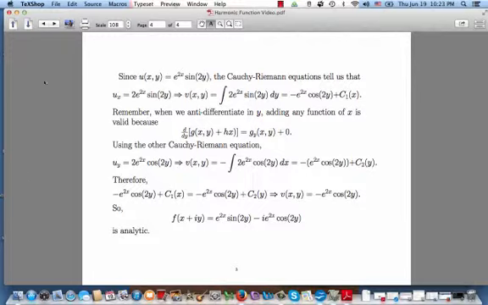So we'll consider this u of x and y is x to the 5th minus 10x cubed y squared plus 5x y to the 4th. Again, making these up is quite easy because we know power functions are analytic, z to the 3rd, z to the 5th.